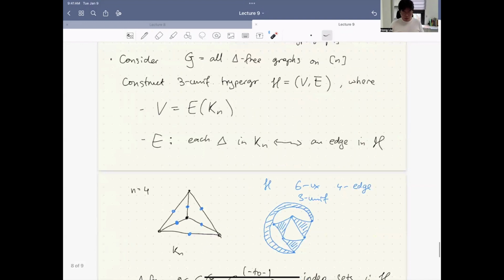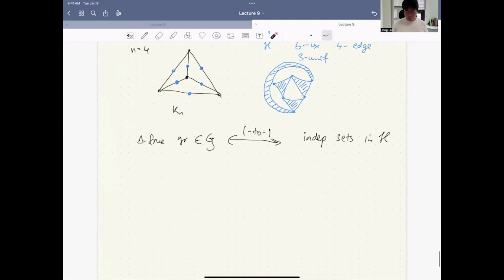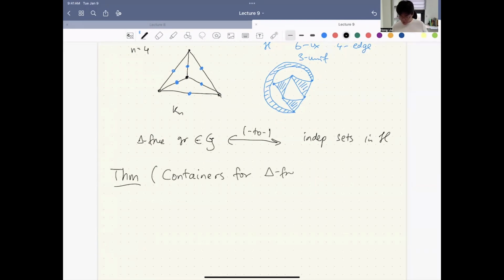Let's write down the theorem. Containers for triangle-free graphs.